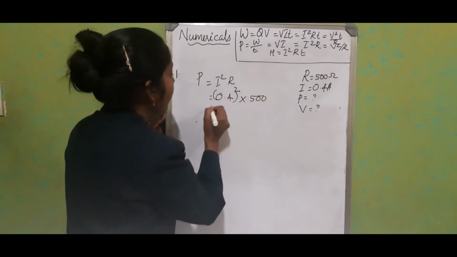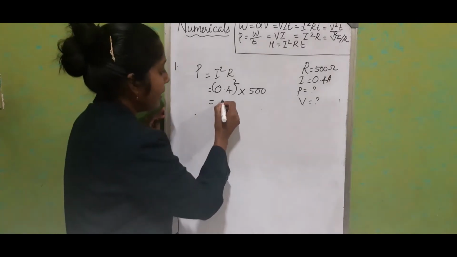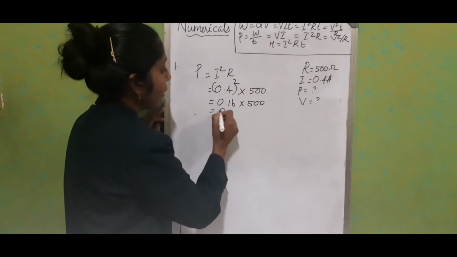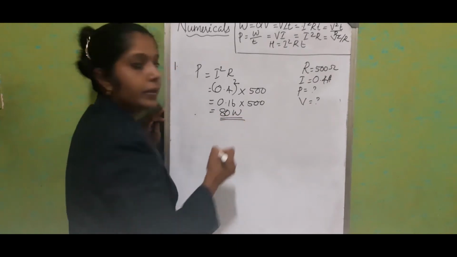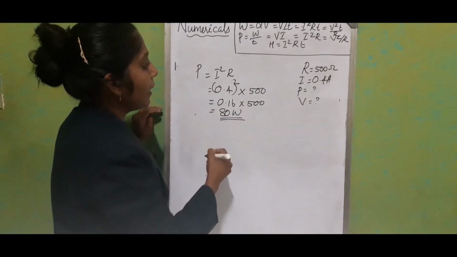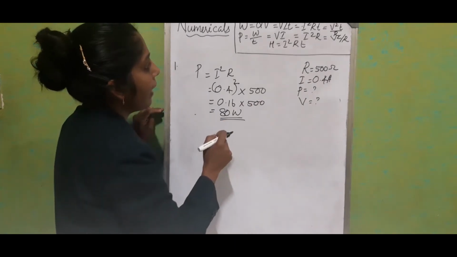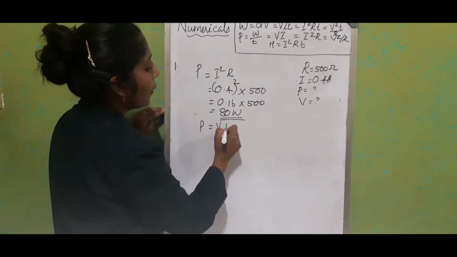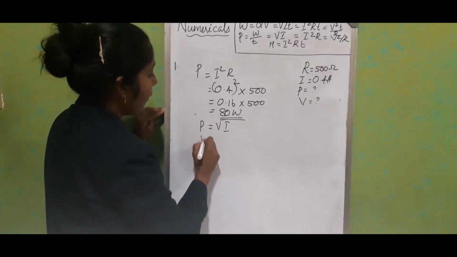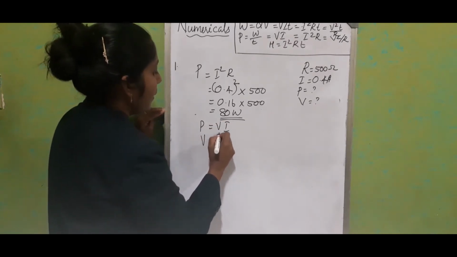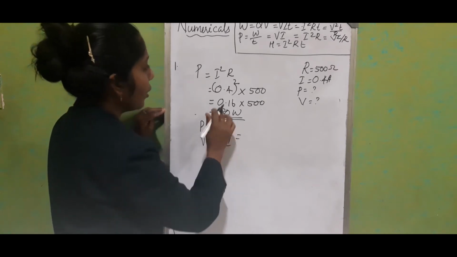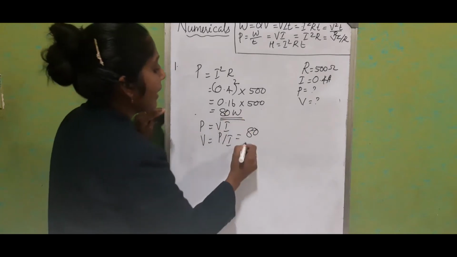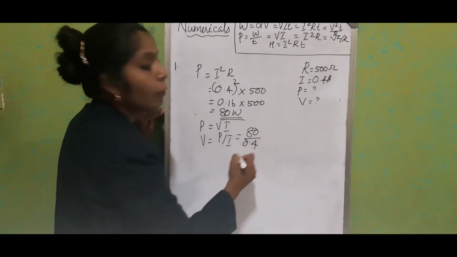So we will get 0.16 into 500, that is equal to 80 watts. So the first part is over. Now we have to find out the V. We choose P is equal to V into I, or V is equal to P by I. Power we got as 80 and I is 0.4 ampere.